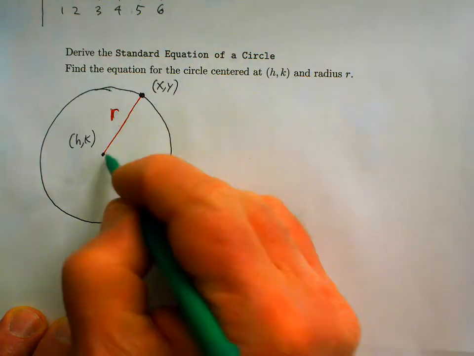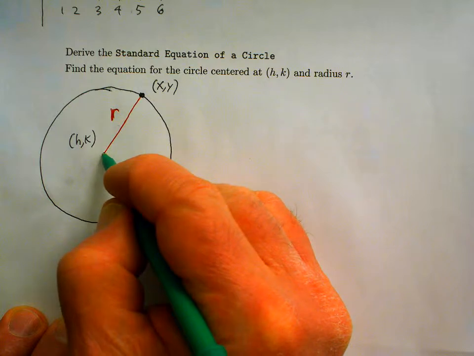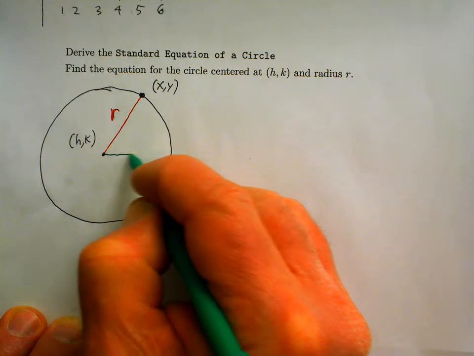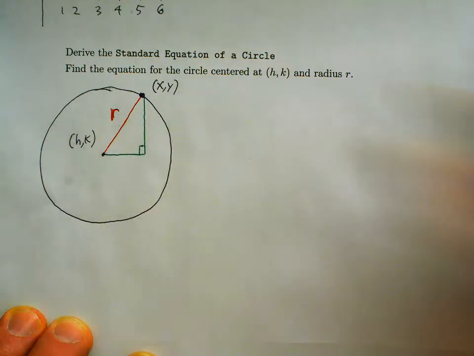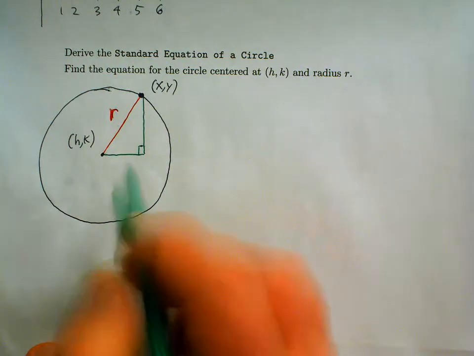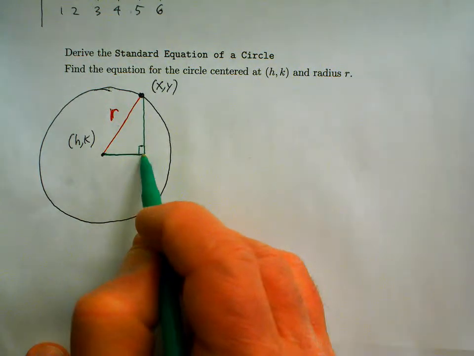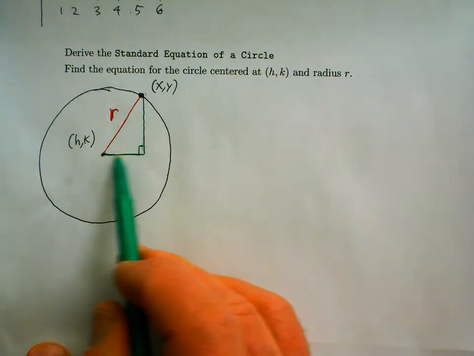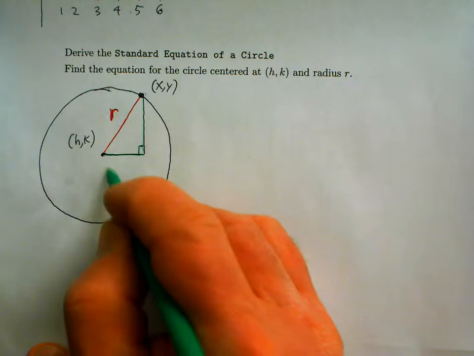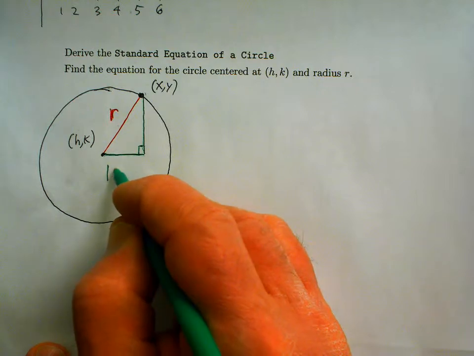And if we construct a right triangle by connecting a horizontal line segment with a vertical line segment, we can label the lengths of the two sides. The length of the horizontal side is the absolute value of x minus h.